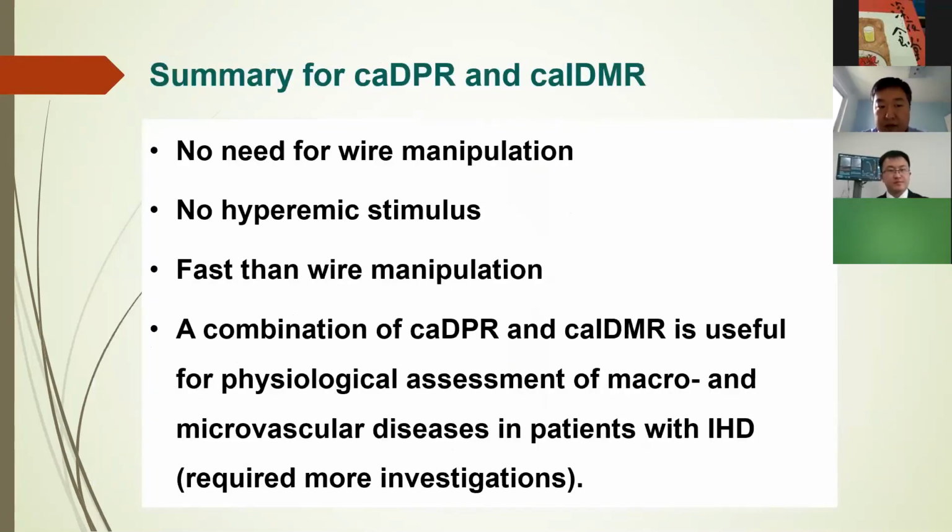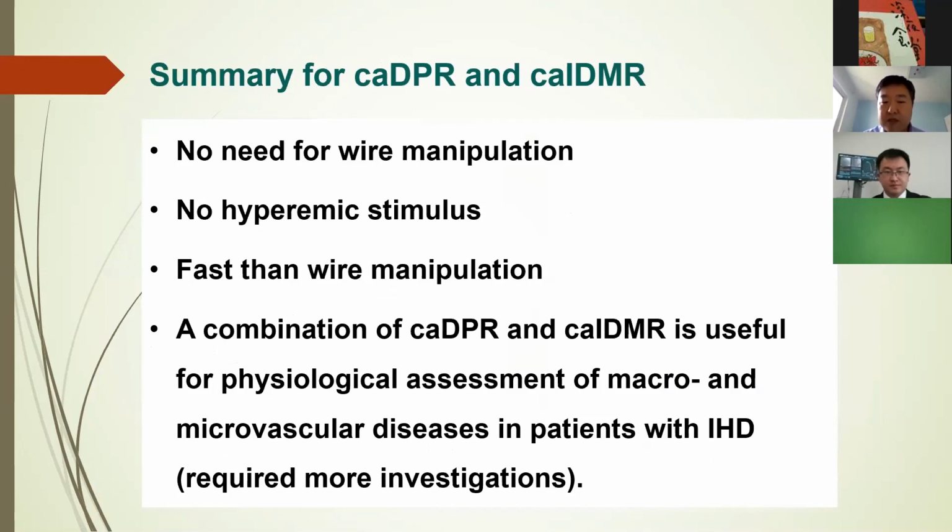Also, here is a small summary for the CA-DPR and the CA-IDMR. We don't need wire manipulation. Also, we don't need a hyperemia stimulus. We are much faster than wire manipulation, because for the IMR measurement you need to inject saline 3 times.